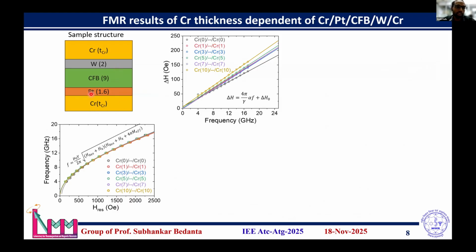Next we study the thickness variation of the symmetric structure. When we vary the thickness, what will happen in this structure? We also measured the ferromagnetic resonance, as I have already shown similar data. Here are the curves of frequency versus resonance field, and this is the delta H versus frequency.